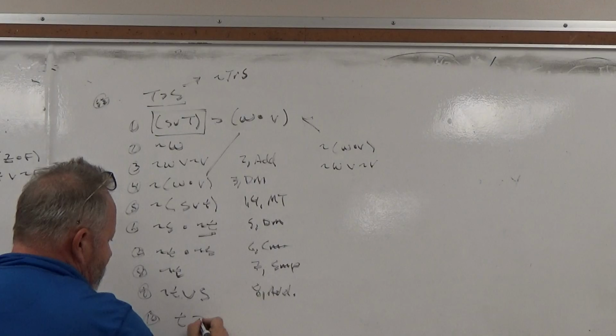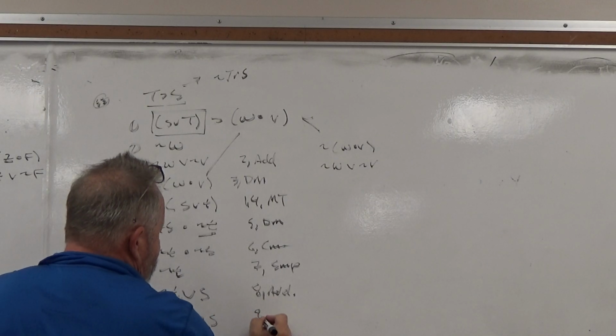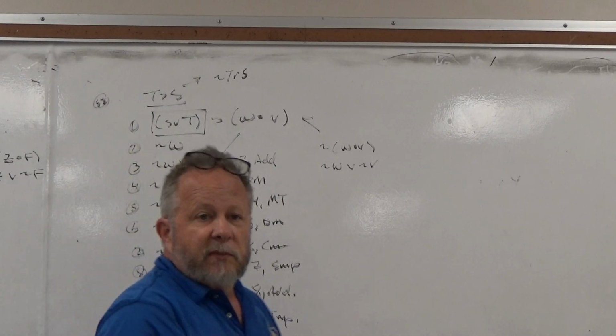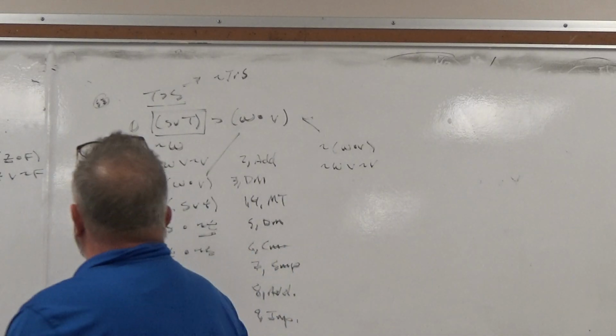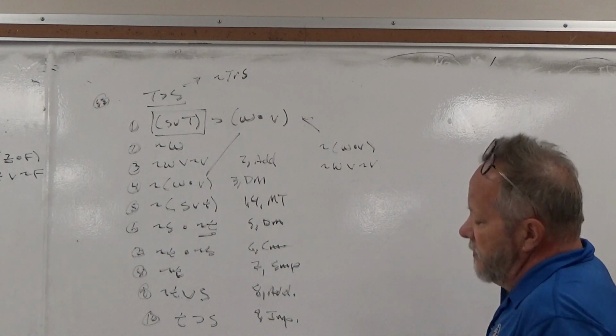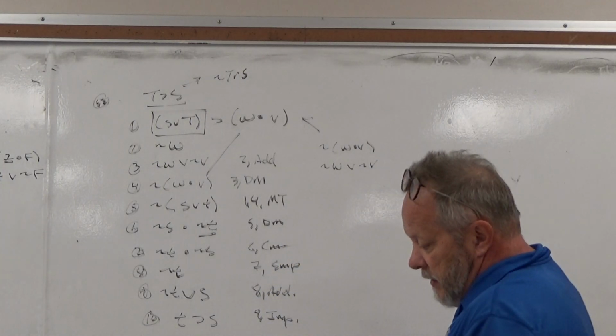Not T becomes T, then S from 9 by implication, and we're done. Okay. And that was a fairly straightforward problem. I like the straightforward problems.